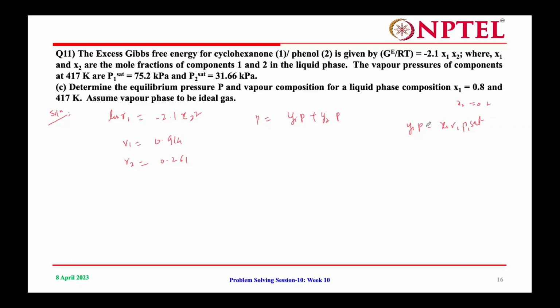So put these values in this equation: P equals gamma 1 x1 p1 sat plus gamma 2 x2 p2 sat, right? So we know gamma 1, gamma 2, x1 and x2, p1 and p2 sat. The result is 6.95 kilobars, right.